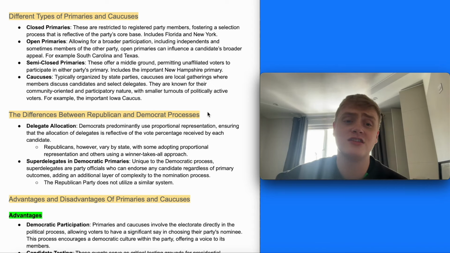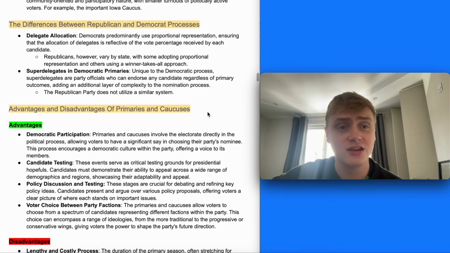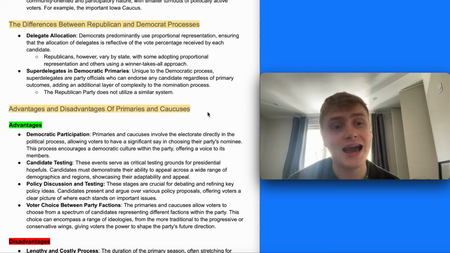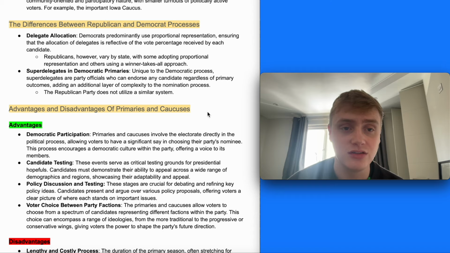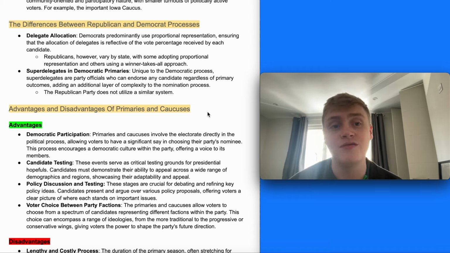In terms of the differences between Republican and Democrat processes, the first is in delegate allocation. So Democrats predominantly use proportional representation, ensuring the allocation of delegates is reflective of the vote percentage received by each candidate, whereas Republicans vary by state, with some adopting proportional representation and others using a winner-takes-all approach.